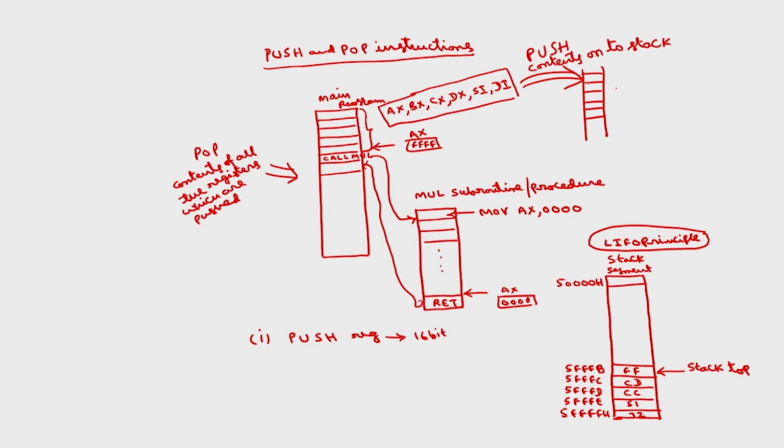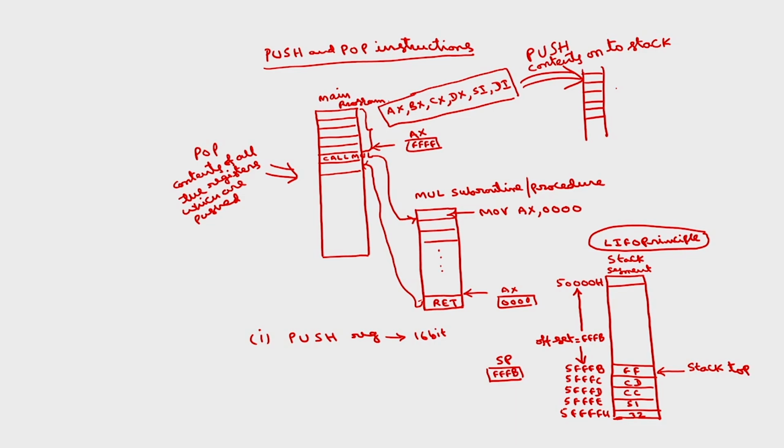Then the stack pointer holds the offset from the starting of the segment to the stack top. What is the offset from the starting of the segment to the stack top? The offset is FFFB. So, the stack pointer contains FFFB.